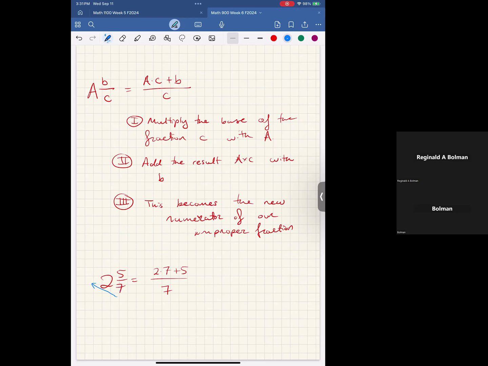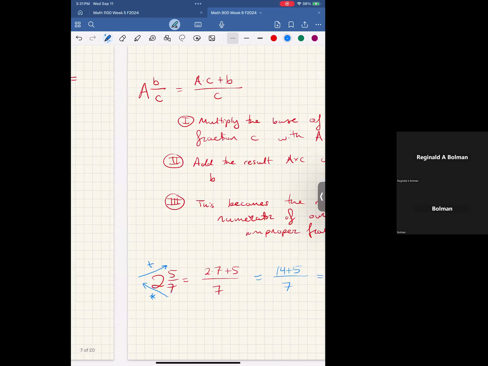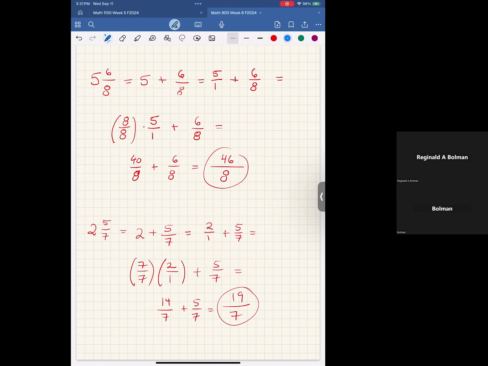We're multiplying it with 2, and then we're adding the result with whatever happens to be in our numerator, which in this instance is 5. So 2 times 7 gives me 14 plus 5. That gives me 19 over 7, which of course is what we had before.